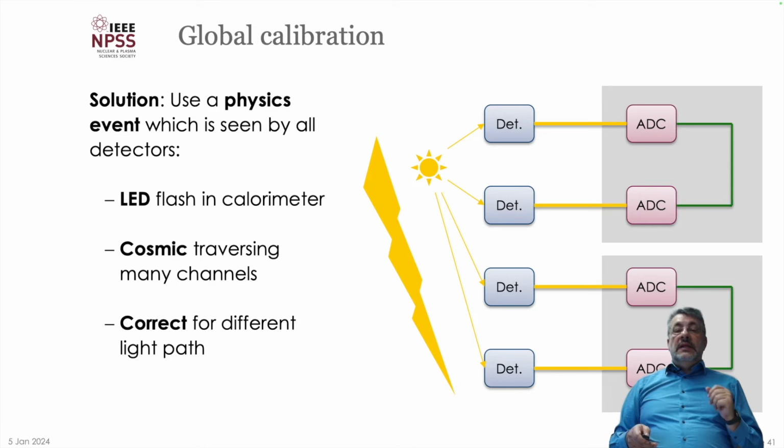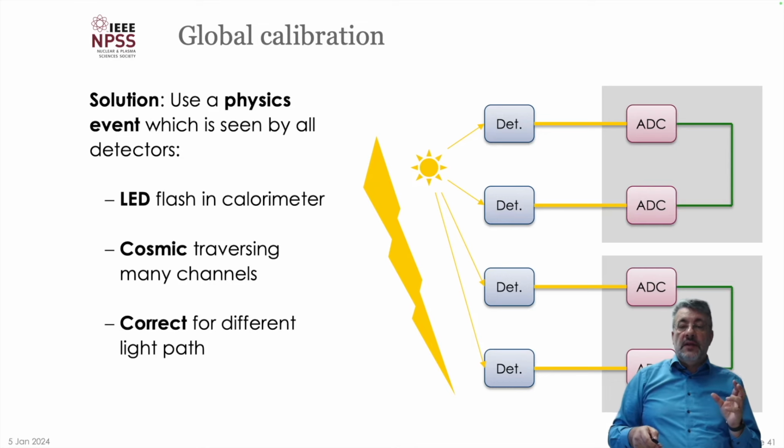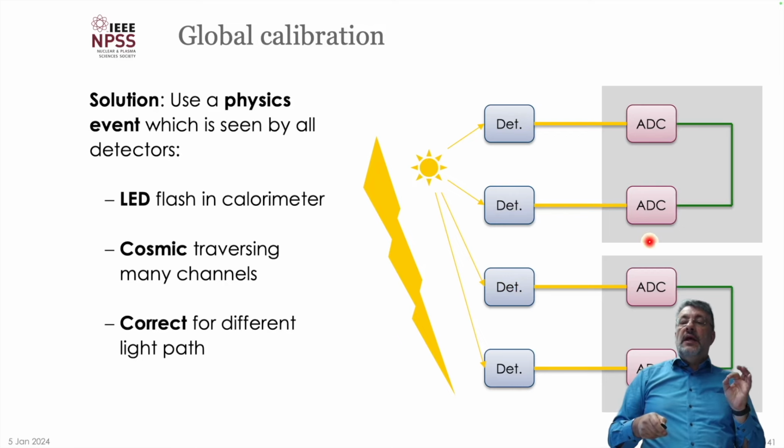So what you actually need is to use physics events as a global calibration. So you have to find some event which is registered in all the detectors together, and then you can measure the timing of the same event and calibrate for all these uncertainties.